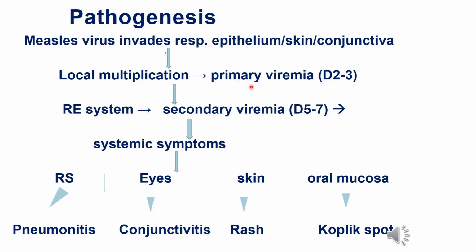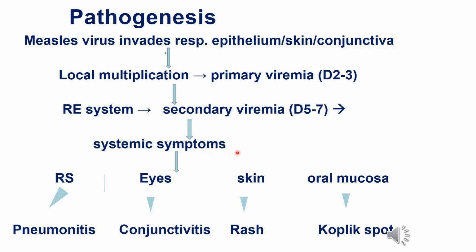Then this virus invades the reticuloendothelial system, that means liver, spleen, lymph node, bone marrow, all these parts. Then after 5 to 7 days the virus again comes to the bloodstream, and this condition is known as secondary viremia. This is the time when the child gets all the systemic symptoms.